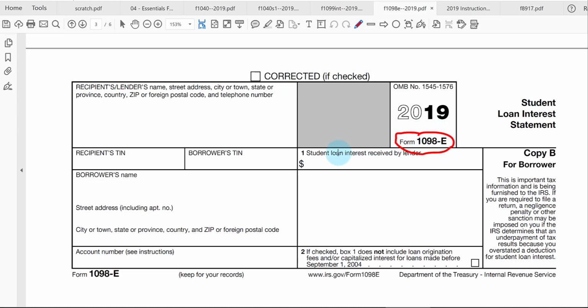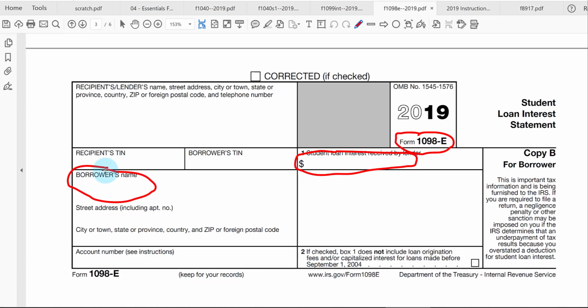And here is the interest that was paid during the year. Again, probably the student has already graduated. The borrower could either be the student, assuming the student now is no longer a dependent, or could be the parent. If you have a choice, it may be possible to pick the person that can better benefit from the loan that's actually making the payments here.